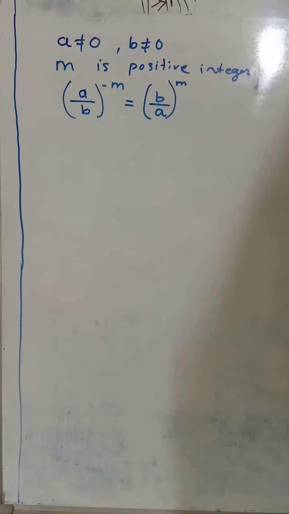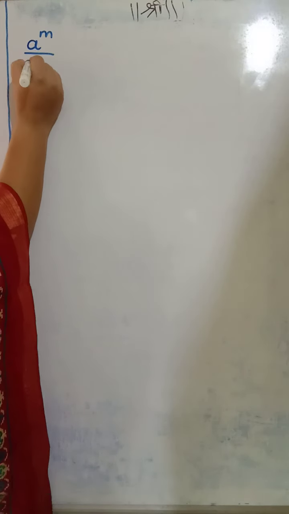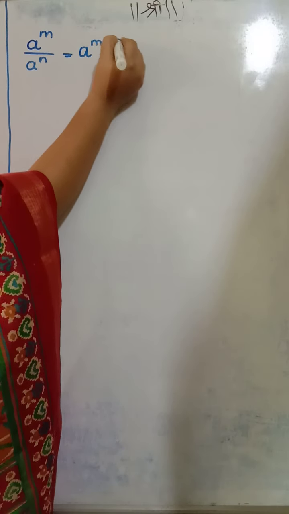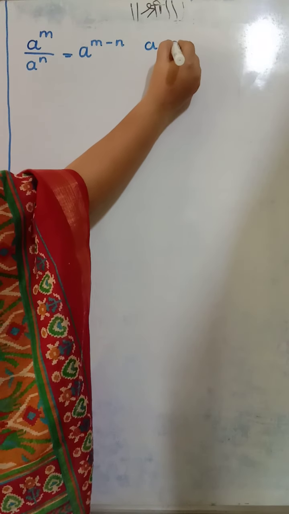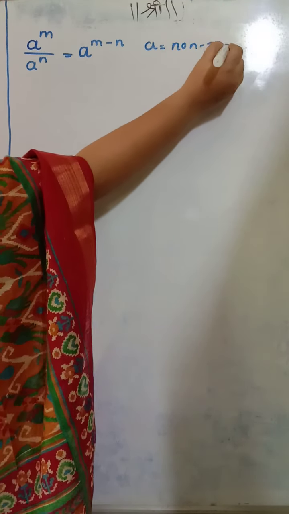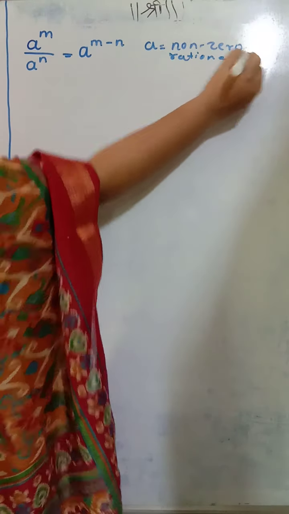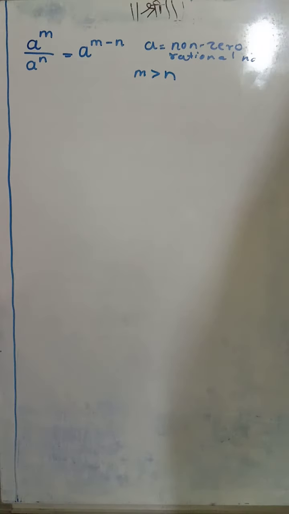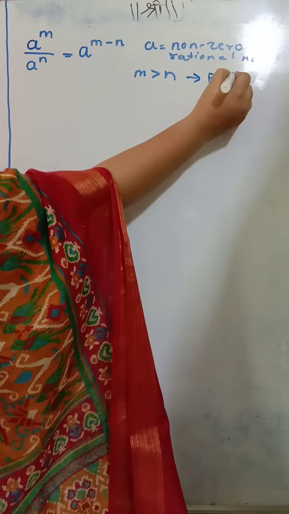In the previous video we have seen the division formula, that was A raised to M divided by A raised to N is equal to A raised to M minus N. Here A was a non-zero rational number, and M was greater than N, and both were positive integers.